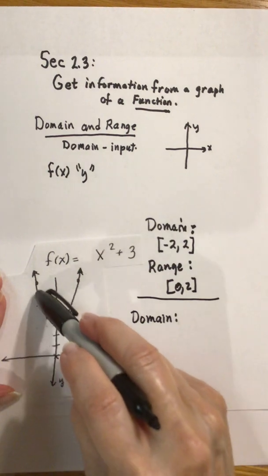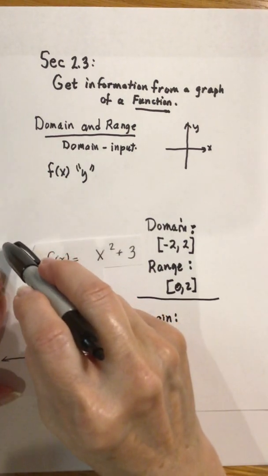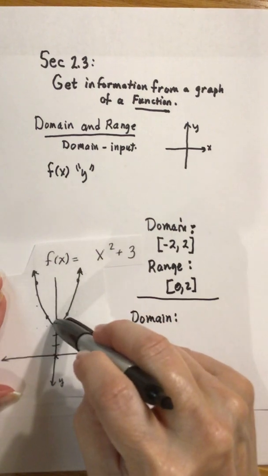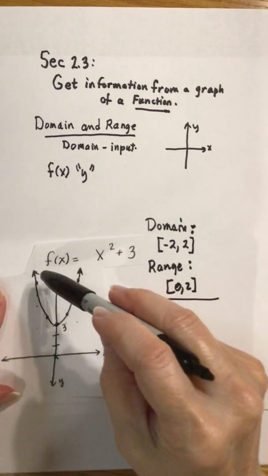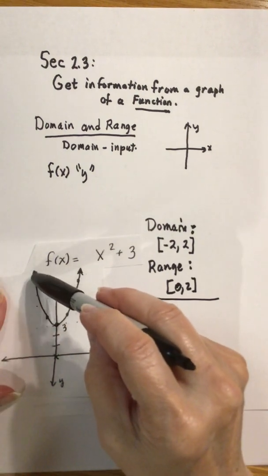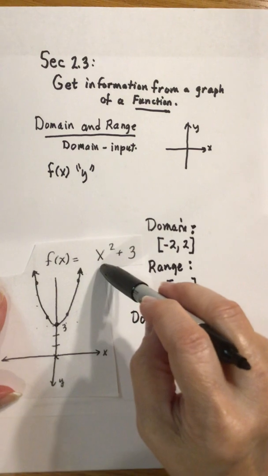So as this one's going up, it's also going out. So the farther up it goes, the farther out it goes. On this side, same thing. The farther up it goes, the farther out it goes. So if it goes that way forever, because it's got arrows going up, so it's going to continue to go out.